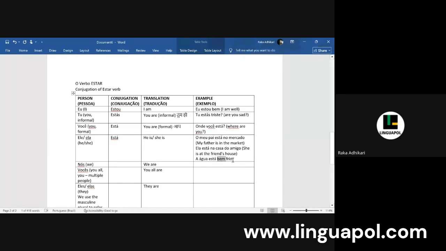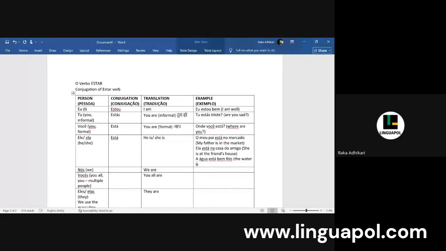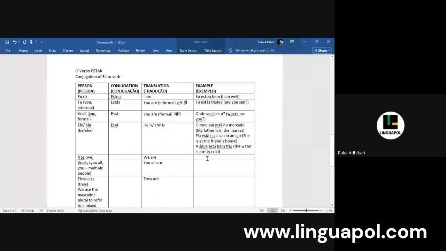So this means the water is pretty cold. So with different words also, we can use it as ele, ela itself. It is not necessary that we use the particular word ele or ela. Whatever third person we are using, for that we can use the conjugation of ele, ela.